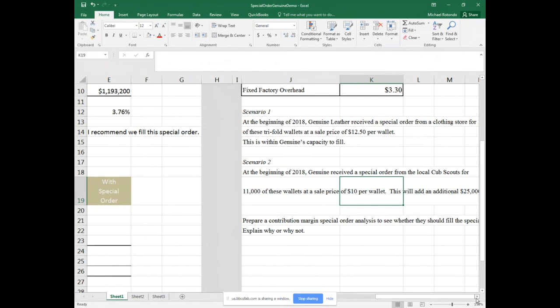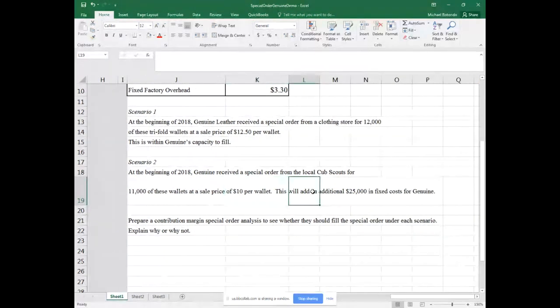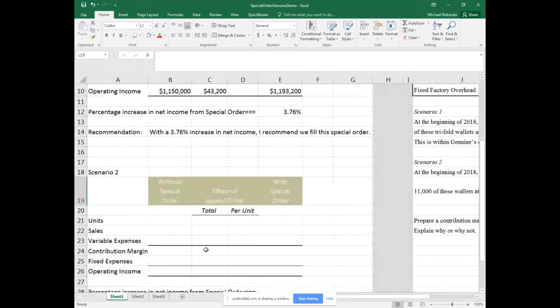But this will add an additional $25,000 in fixed costs for Genuine. So the question is, do we do it? But we have to keep in mind that this is a charitable or nonprofit organization, and how will it affect our corporate image if we don't do it? So let's take a look at the numbers first.